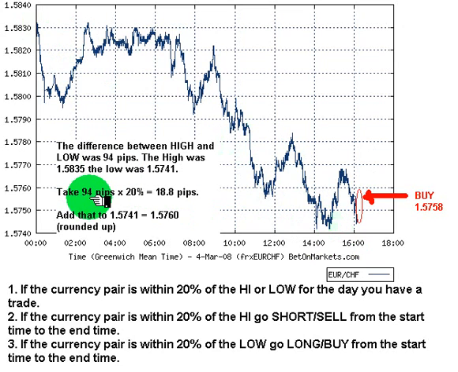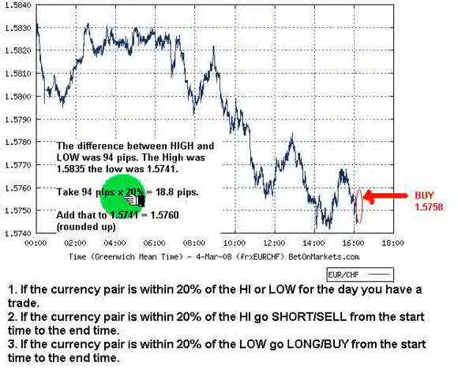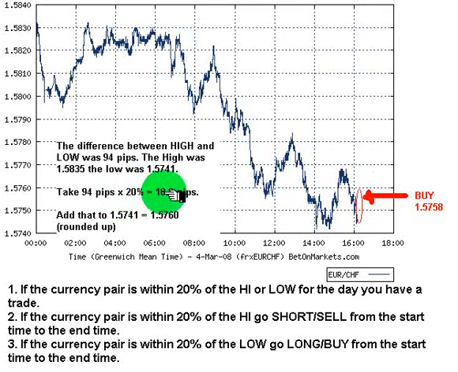You take 94 pips times 20%, which gives you a total of 18.8 pips. In other words, this currency pair has to be within 18.8 pips of the low.